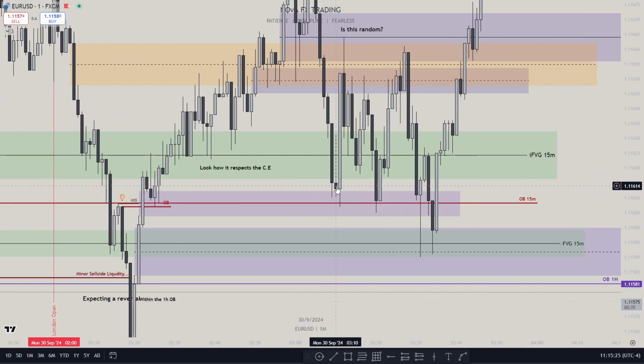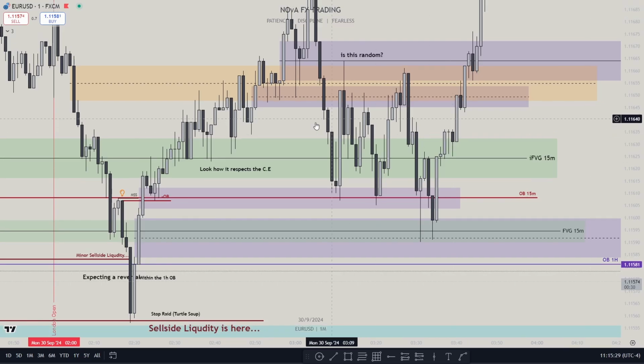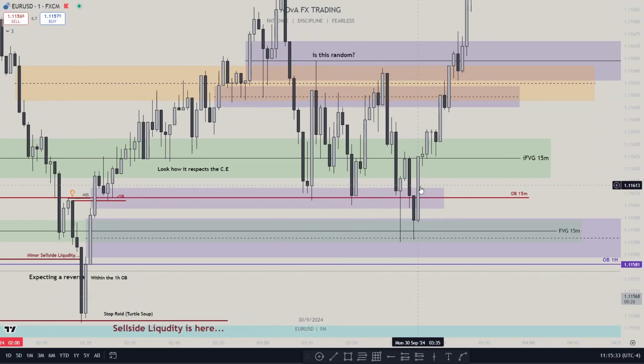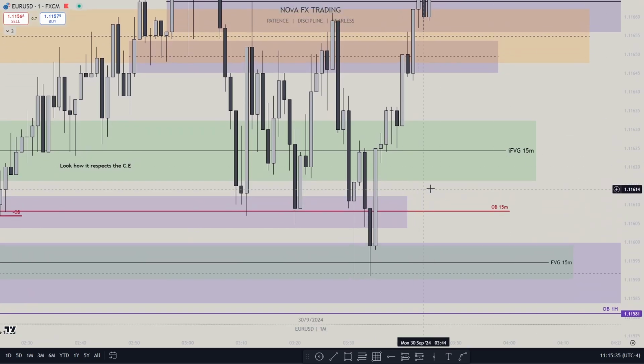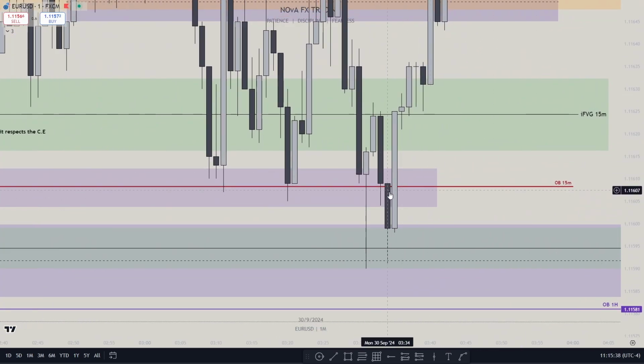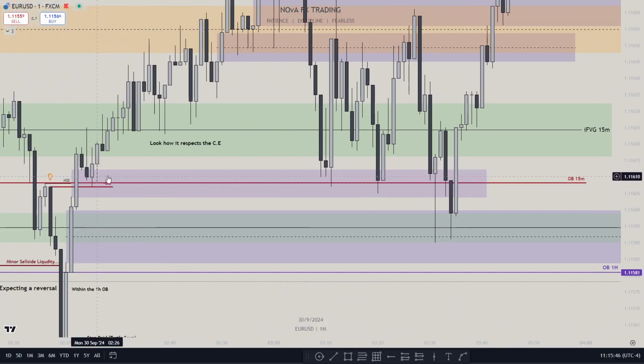So the price needs to balance this fair value gap, so it came down. It struggled to come down a bit, but eventually it did, and we can see that when this candle closed below this fair value gap, this fair value gap is completely balanced.